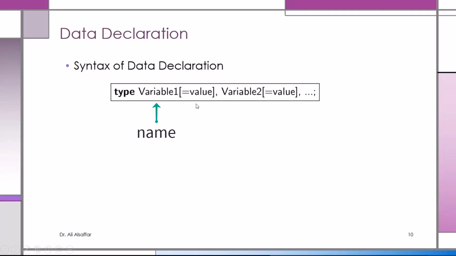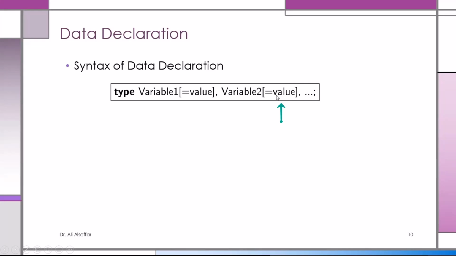If you know the value at the time of your declaration, put the value; it's optional. But later you have to put a value. If you don't, the compiler will tell you that you are defining a variable but never put data inside it. If you want to define another variable, you put a comma and do the same. Put the name, and if you know the value, you put equals and the value.